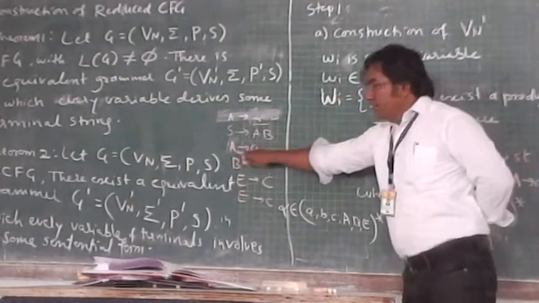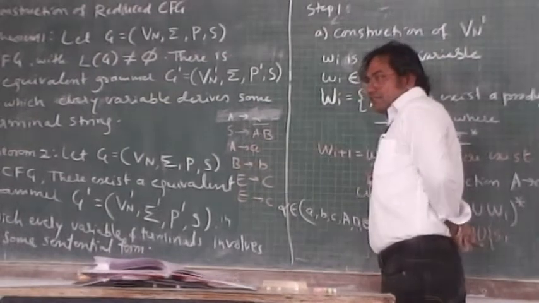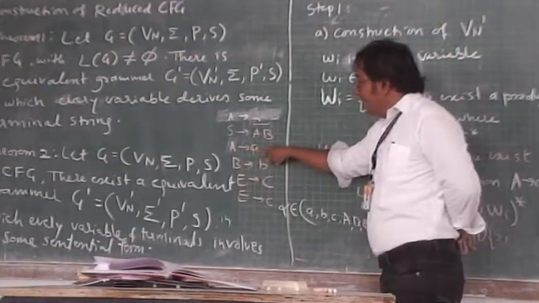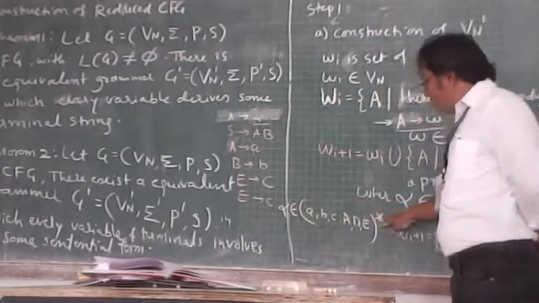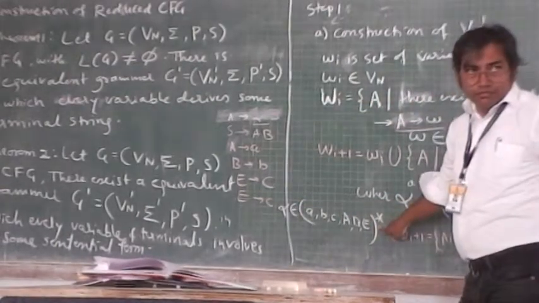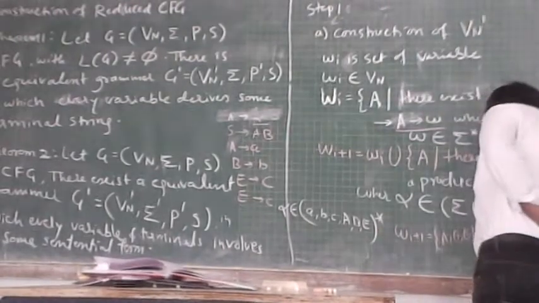Next, does this production satisfy this condition? See, alpha is A. Is alpha A belonging to this closure? Yes. So A is also to be included.